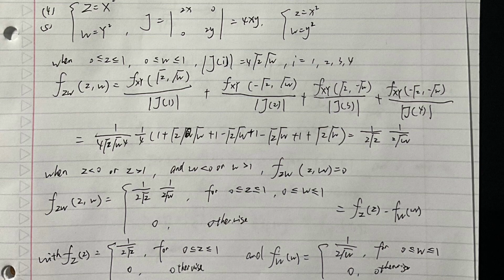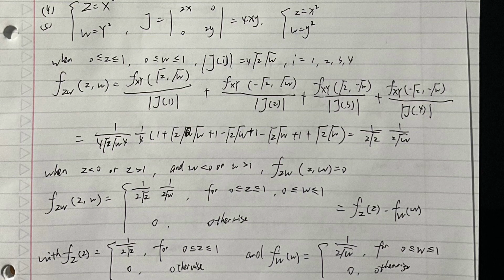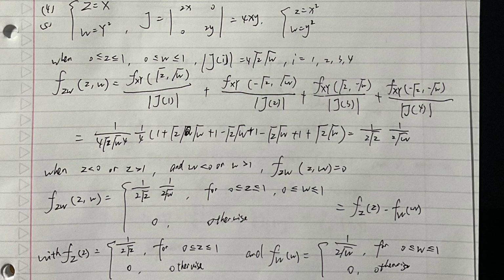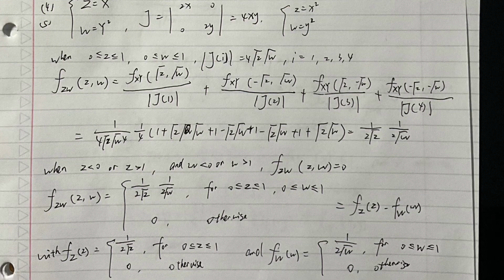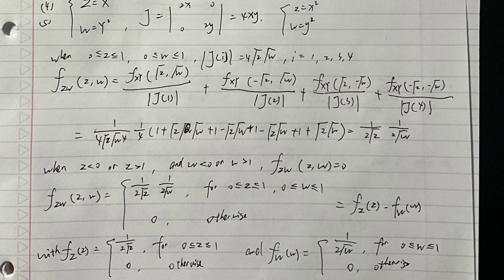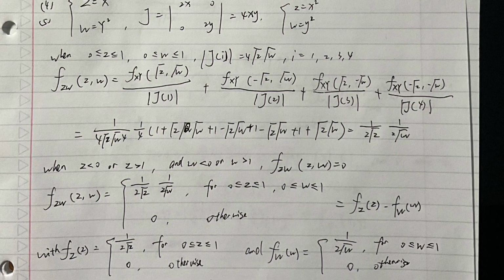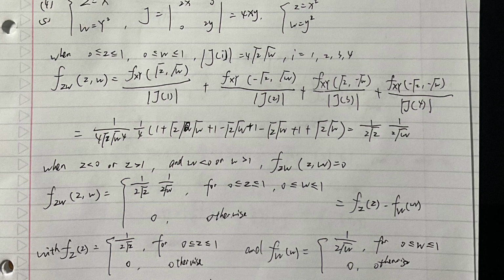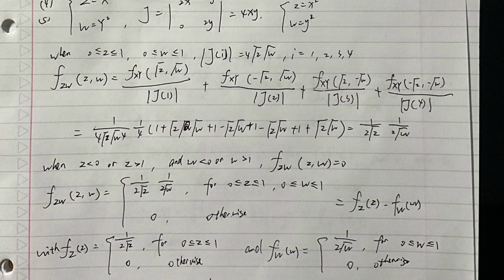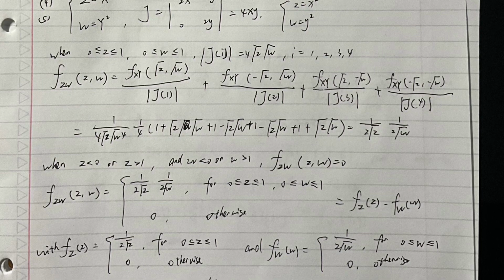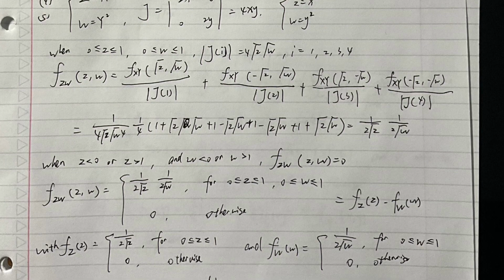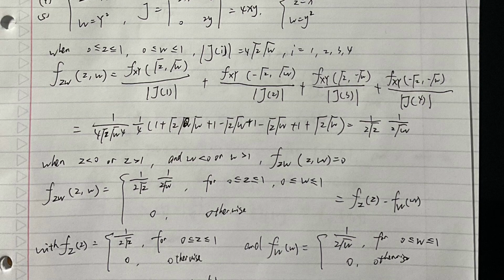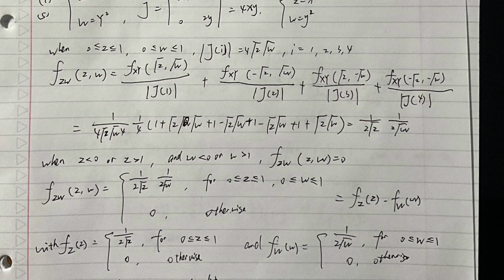So when Z is bigger or equal to 0, smaller or equal to 1, and W is bigger or equal to 0, smaller or equal to 1, we can get the absolute value of J_i equal to 4 root z root w, for i equal to 1, 2, 3, and 4.